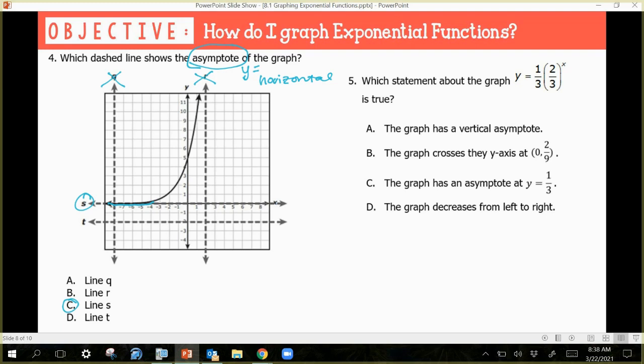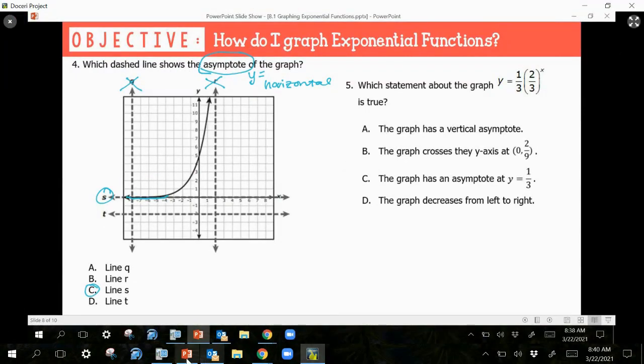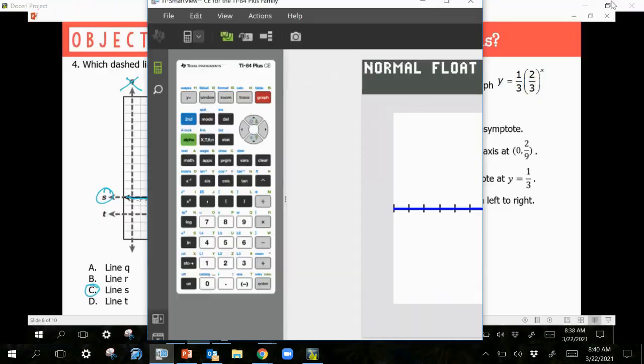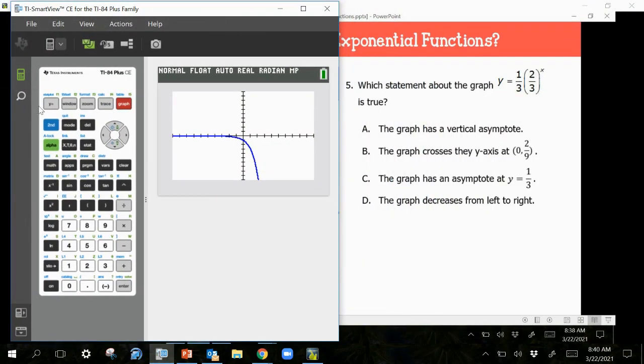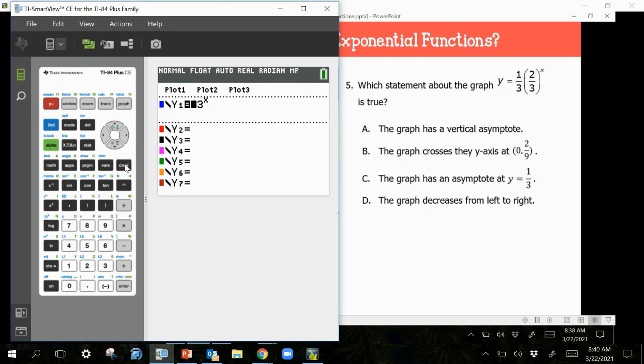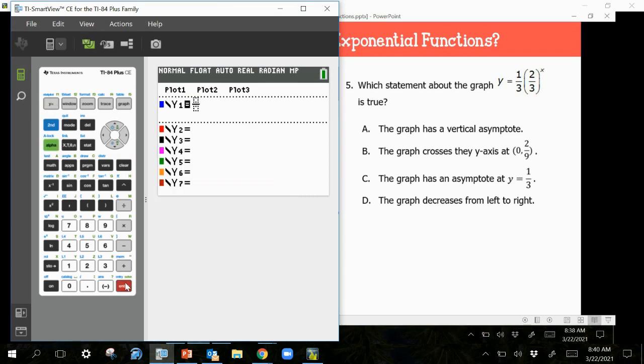All right, our last one, number 5. Which statement about the graph y equals 1/3 times 2/3 to the x is true? Now I'm given an equation, but I'm not given a graph. So that means I'll use my calculator this time and plug this in. Remember, to get a fraction, we do alpha y equals, enter.